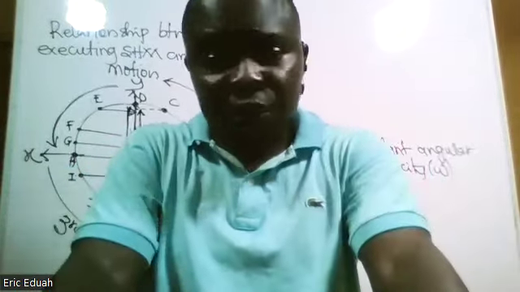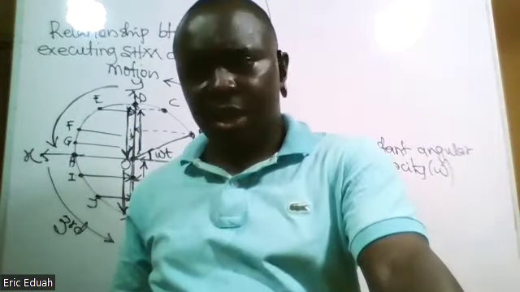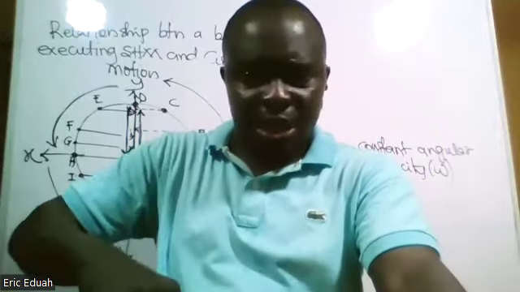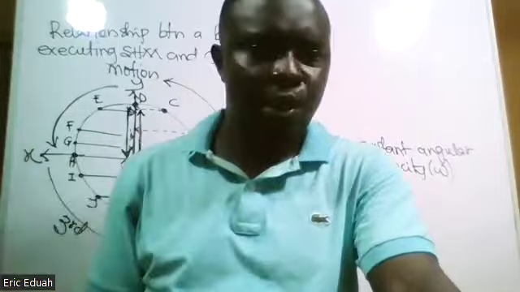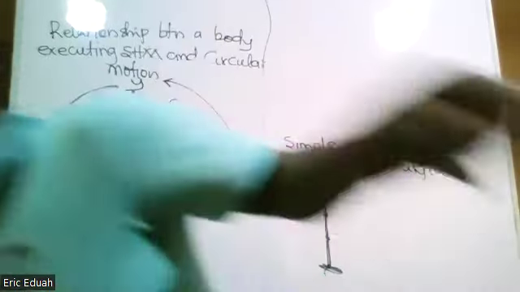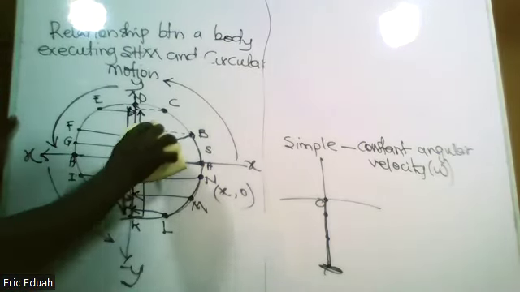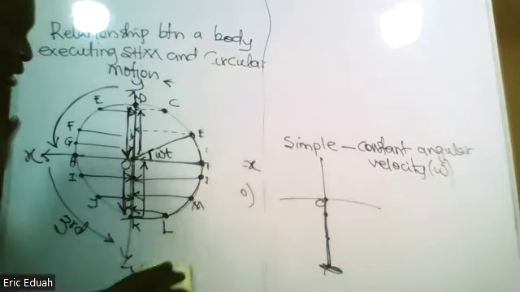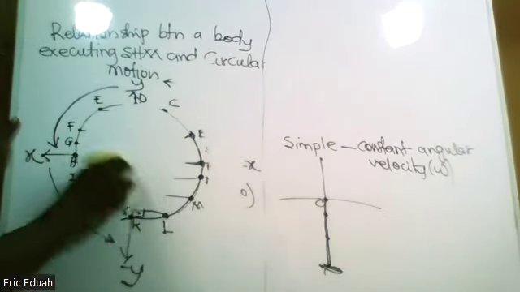And that is what moves the car. So a typical example of circular motion or SHM producing circular motion and the other way round. All right. So there is that clear relationship between a body executing circular motion and simple harmonic motion.